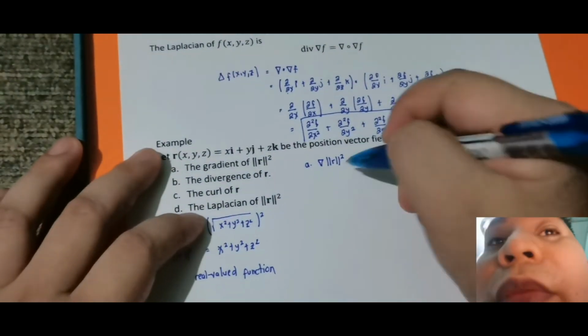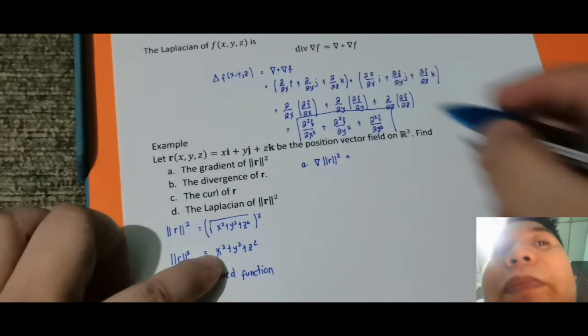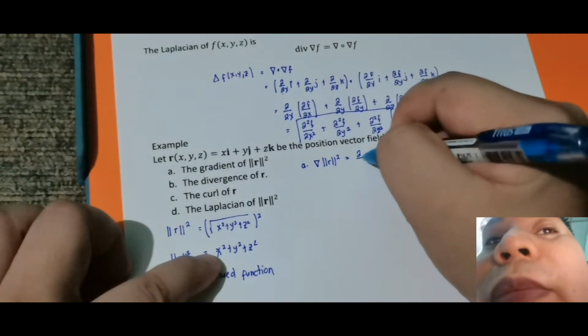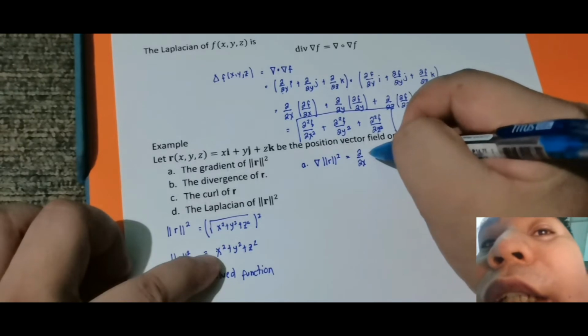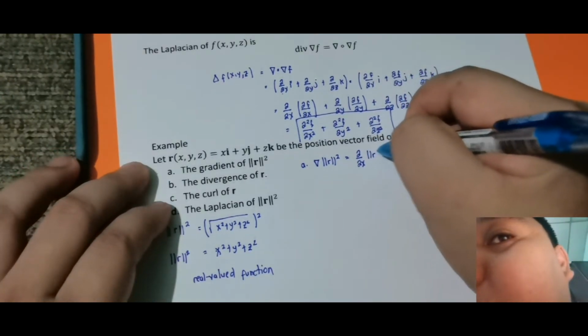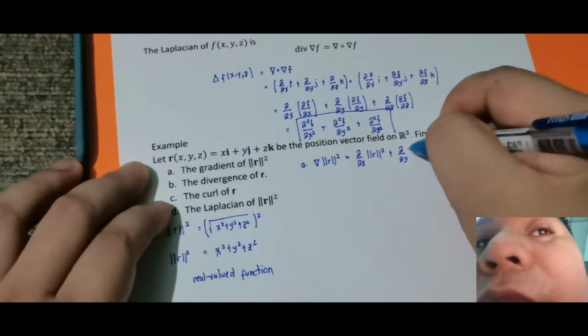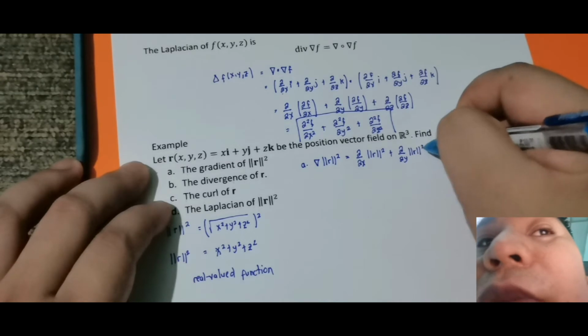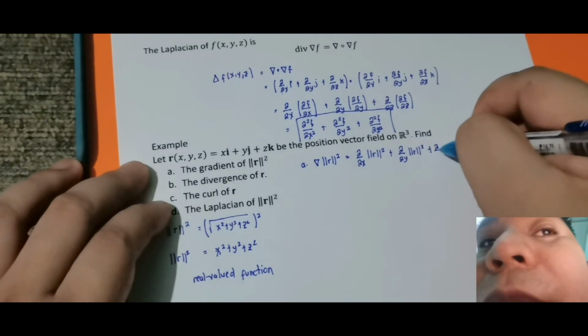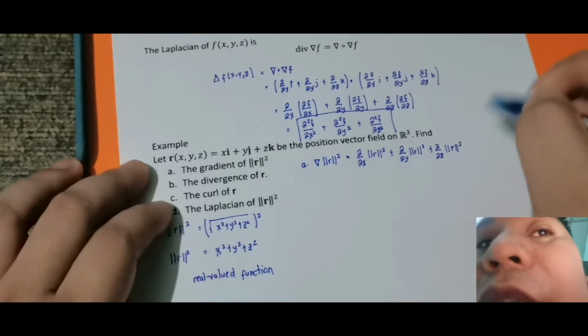of R squared is just simply partial derivative with respect sa x nung buo. So this is partial derivative with respect sa x nung magnitude of R squared plus partial derivative with respect sa y nung magnitude of R squared plus partial derivative with respect sa z nung magnitude of R squared.